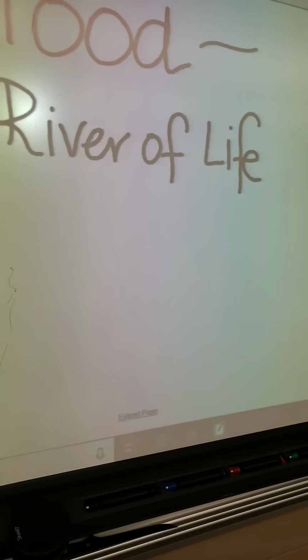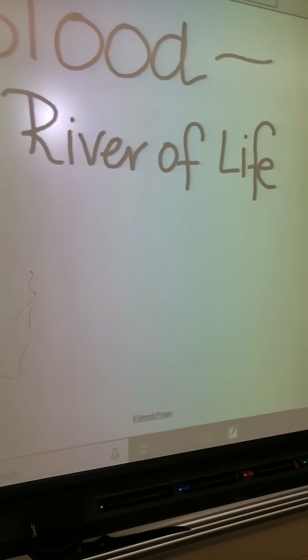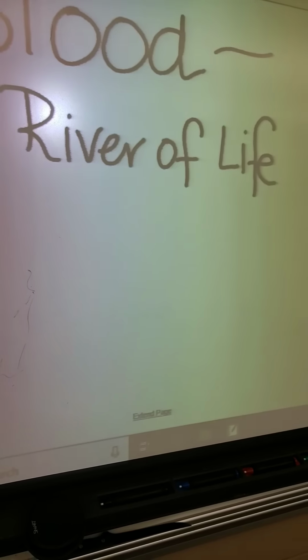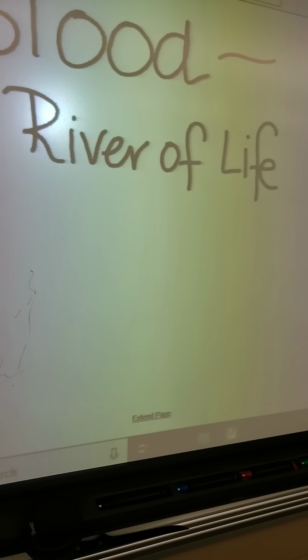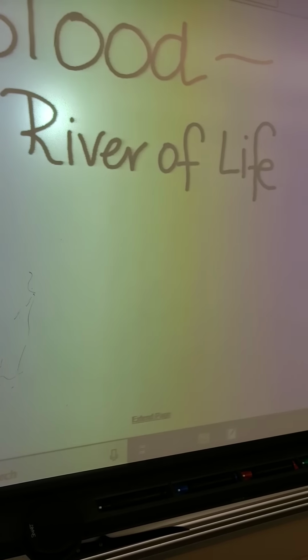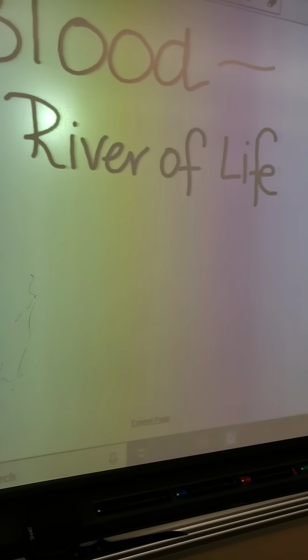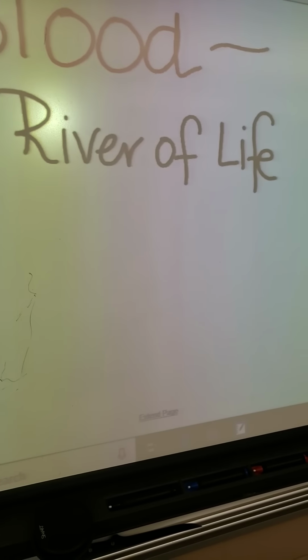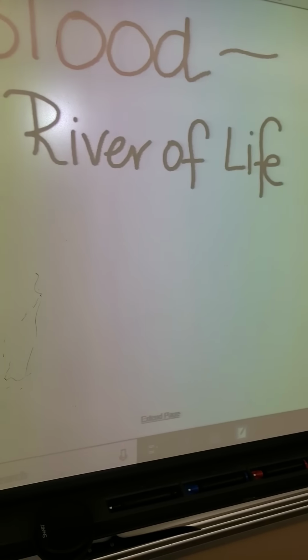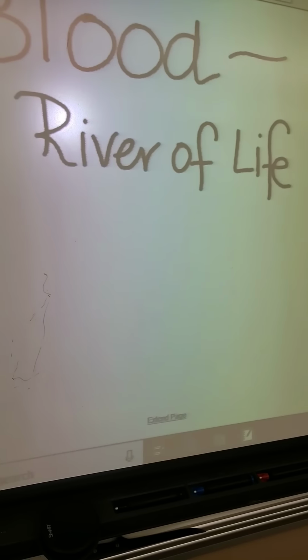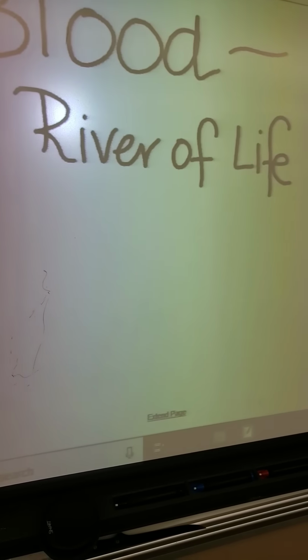What is blood? Blood is the bodily fluid in which nutrients, waste, hormones, and other substances are transported throughout the body. It's often referred to as the river of life. It transports all substances that must be carried from one place to the next within the body.